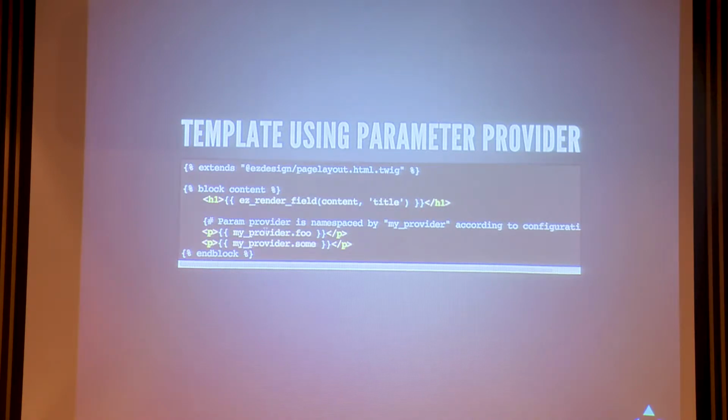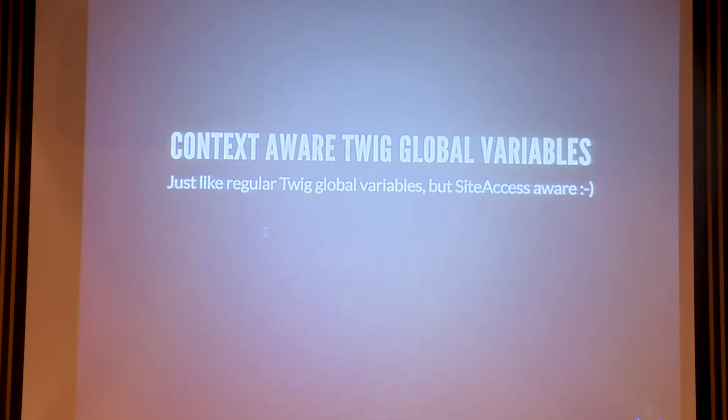So we use the my provider name, so it will be injected in the my provider variable, so that it doesn't collide with any already defined variable. Okay, so this is for view template variable injection.